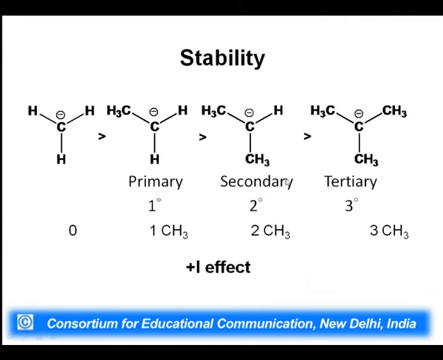As the number of methyl groups decreases, the stability of the carbanion increases, and with methyl anion there is no methyl group, so it is the most stabilized because there is no plus I effect.